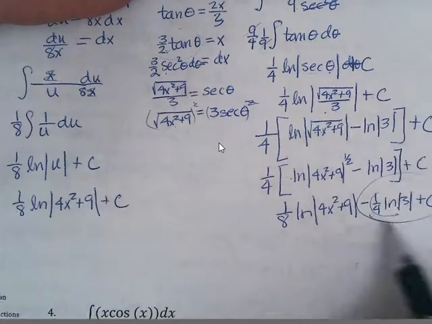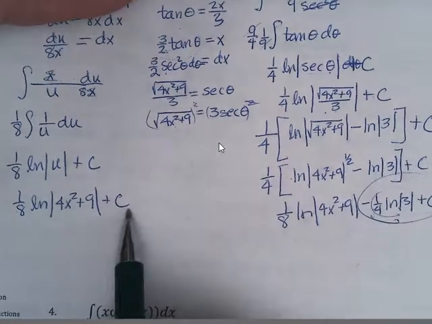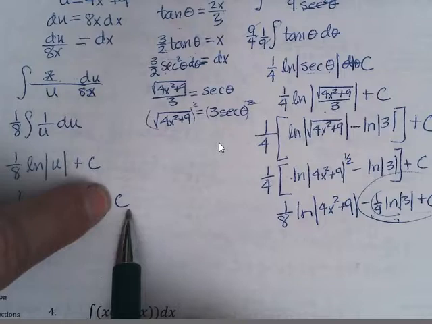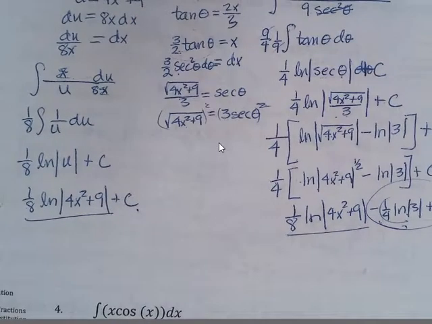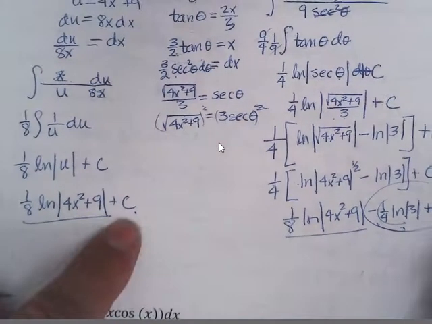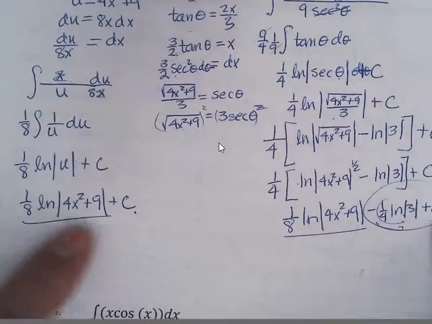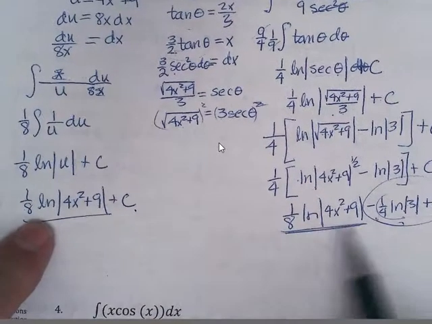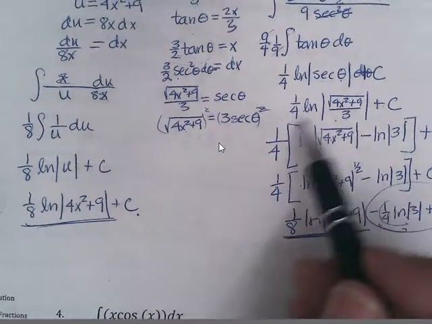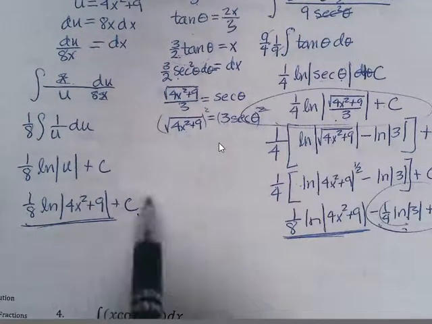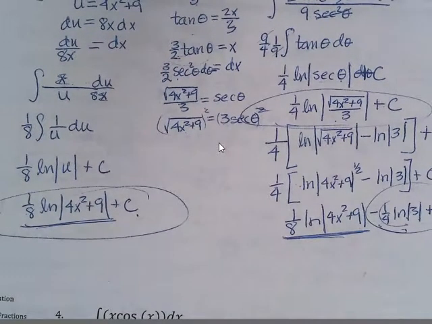This can all be redefined as a different constant, which is what this constant would be, and the rest of this does match. So the C here and the C here are different, but the crucial part is the same. So this is good enough, as is that.